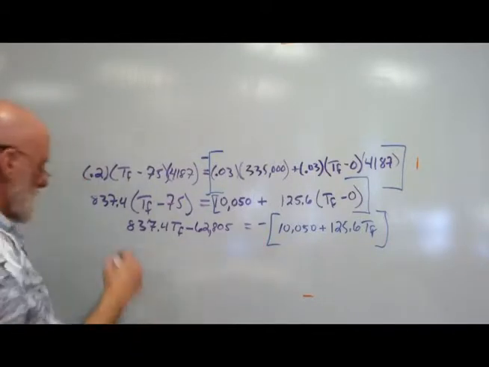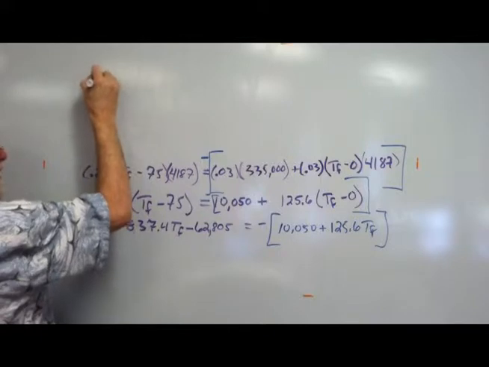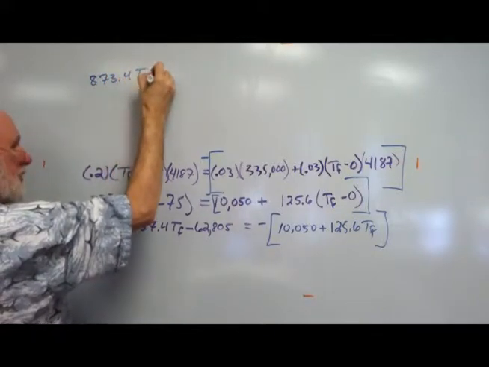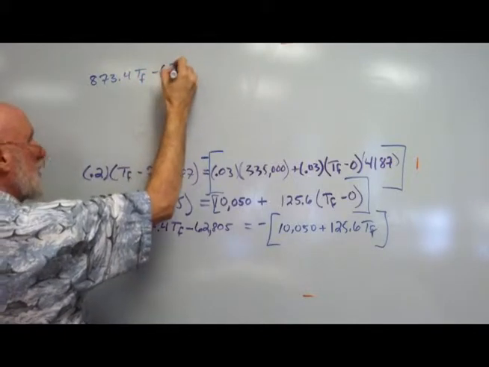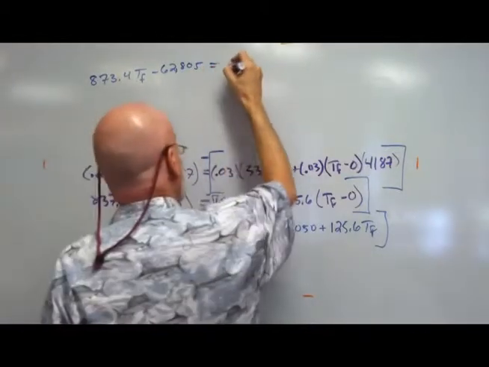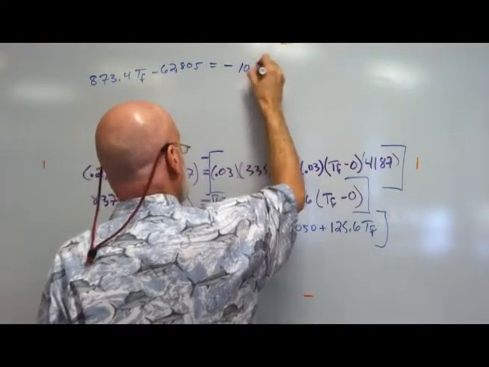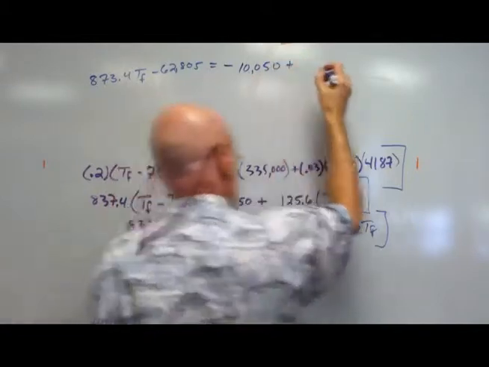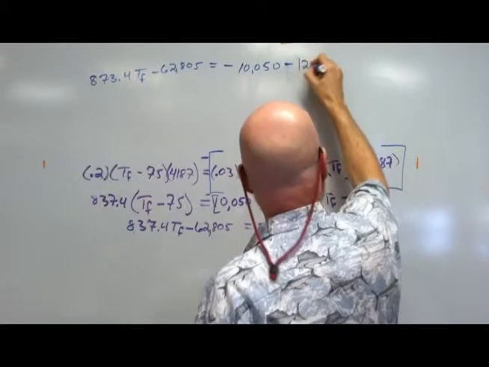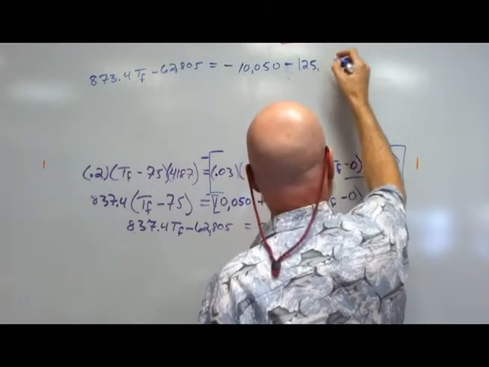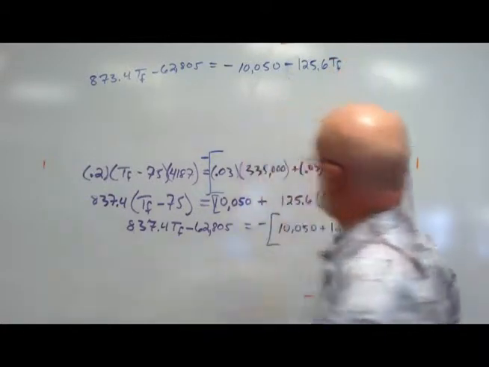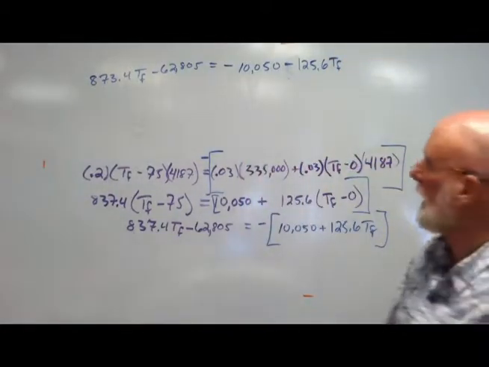This is going to be 837.4 TF minus 62,805 equals negative 10,050 plus, sorry, that's negative 125.6 TF. Correct?